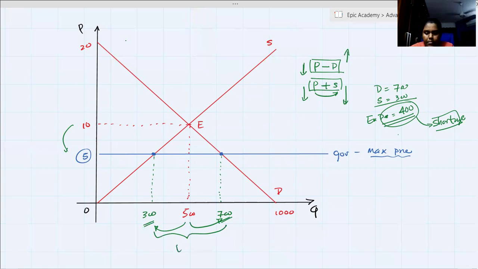That's the meaning of excess demand. Excess demand is 400, that's the shortage. Anyhow, to consume, you get only 300 commodities because the supply amount is now 300. Whatever the expectation of the consumer, we get only 300 commodities to consume, isn't it?